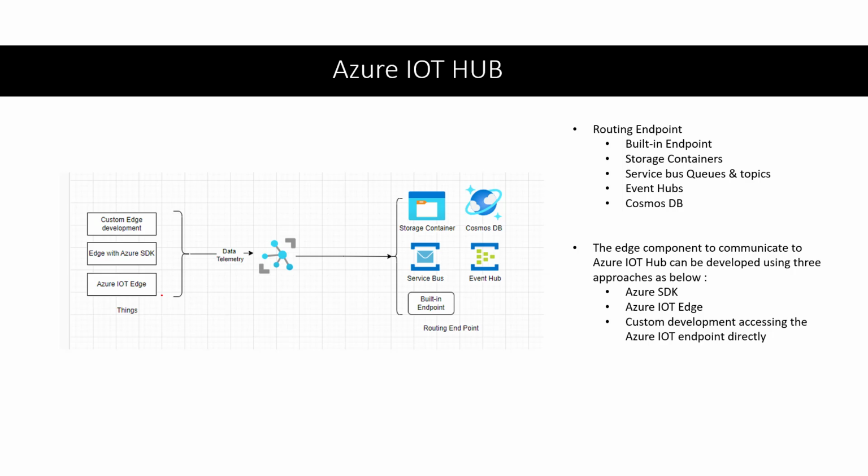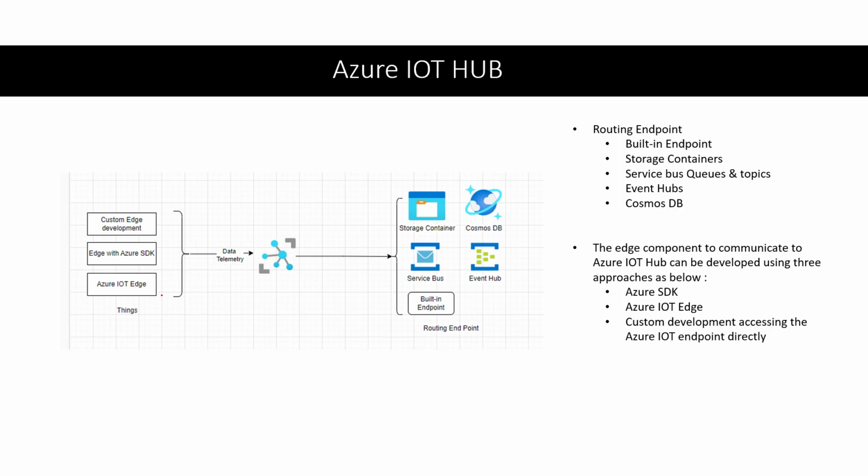The second one you are seeing is that you could develop an edge module with the help of the Azure SDK. That's what I am using in this demonstrator here. That's one of the easiest ways to develop your application for the devices.